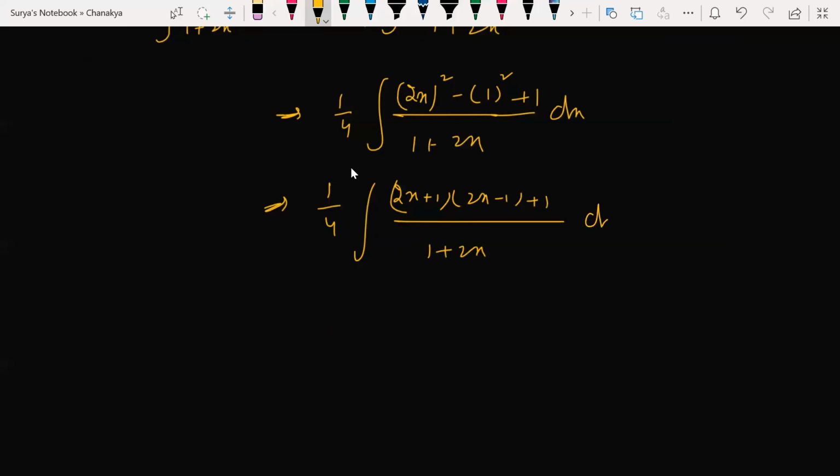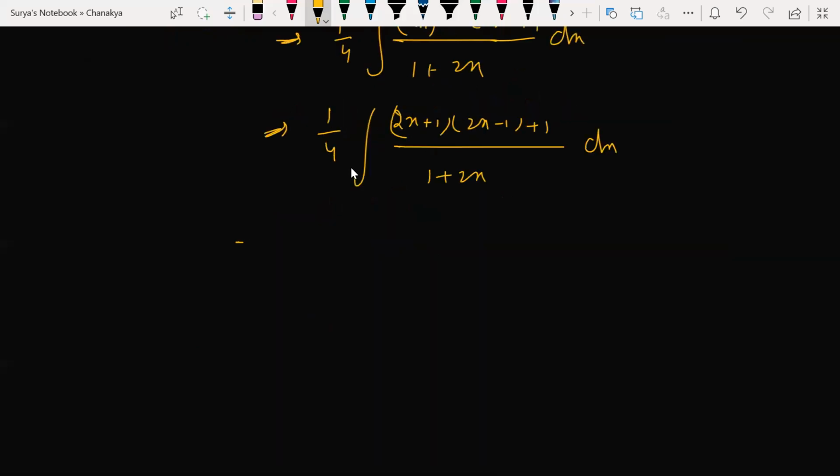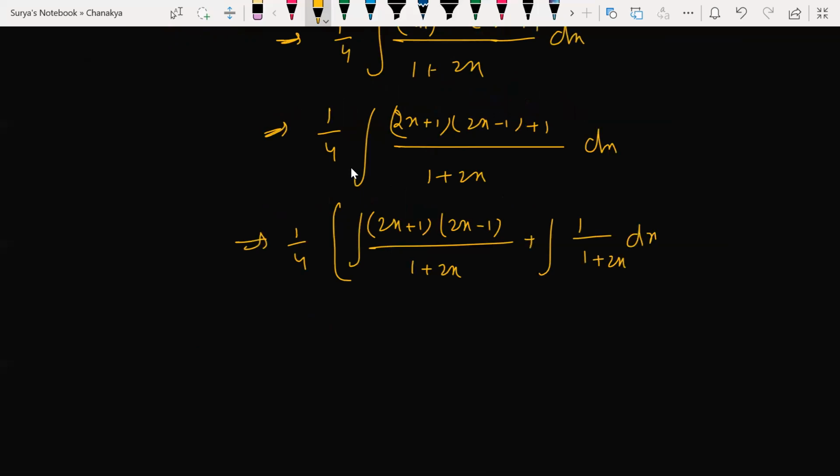Correct? Into dx. Now again split that: 1 by 4 integral of 2x plus 1 into 2x minus 1 divided by 1 plus 2x, and plus 1 by 1 plus 2x into dx.